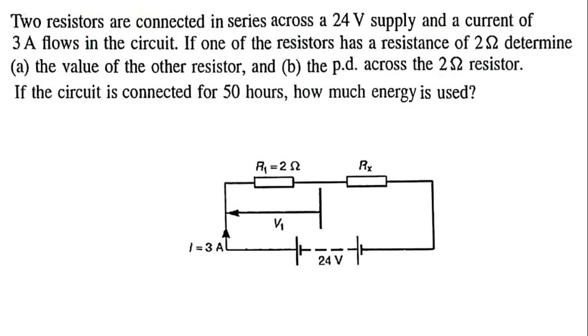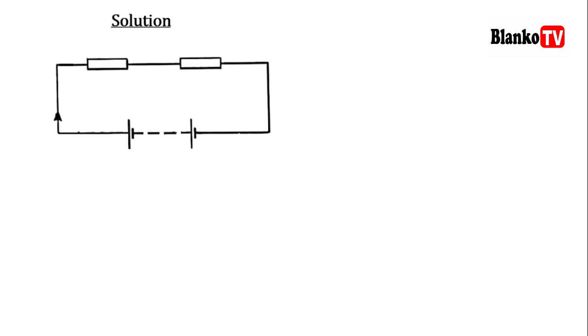Okay, so let's move on with the solution. So we have our diagram once again. R1 is 2 ohms, RX we don't know. Then we have our current, which is 3 amps. Then the total voltage across the circuit, which is 24 volts.